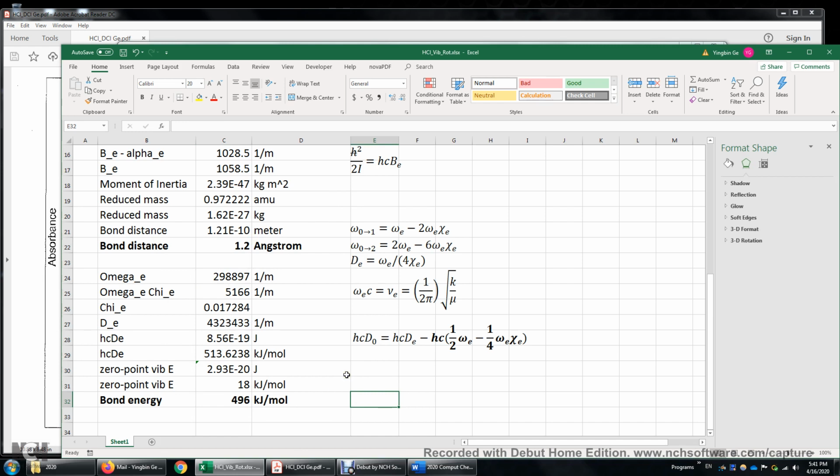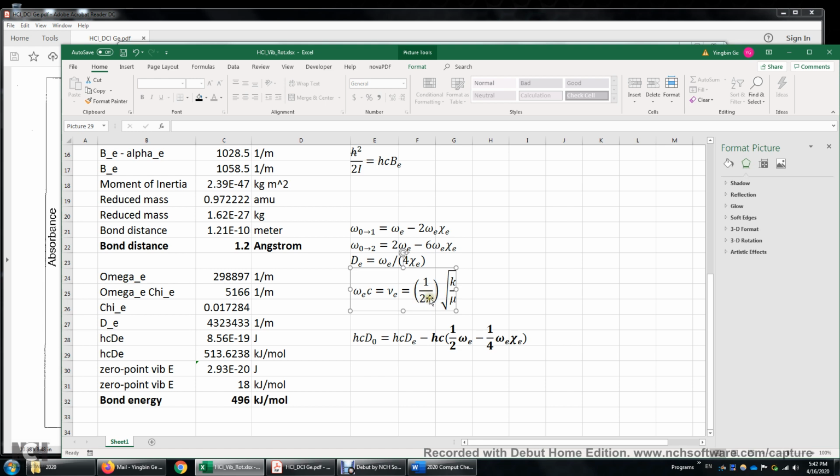Now the force constant. What we need to do is use this equation. For a harmonic oscillator, the frequency is equal to 1 over 2 pi times the square root of k over mu. And since we have the harmonic frequency and we have this mu, it's very easy to get this k. So how do we do that? Very simple.